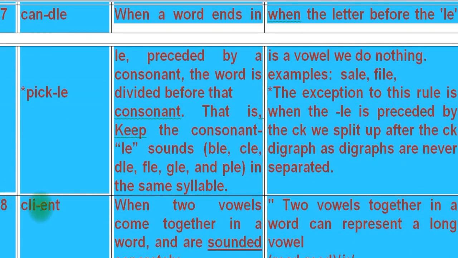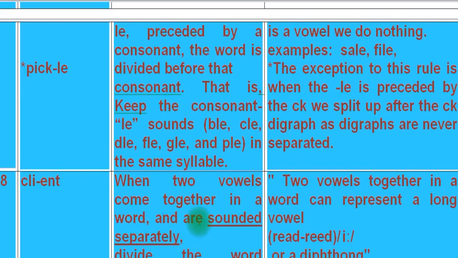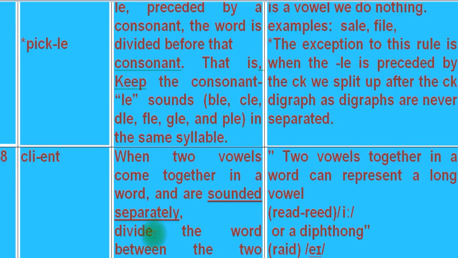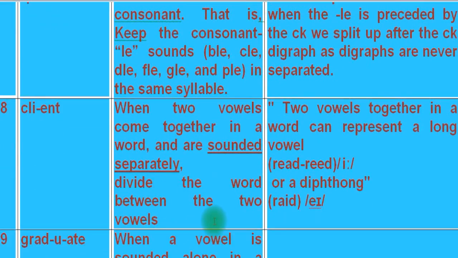8. Climb. When two vowels come together in a word and are sounded separately, divide the word between the two vowels. Two vowels together in a word can represent a long vowel, like read.